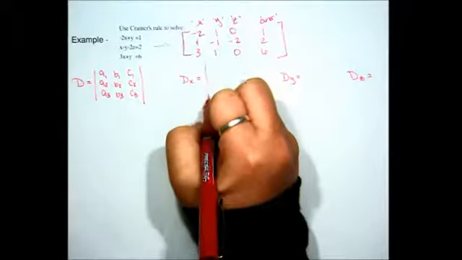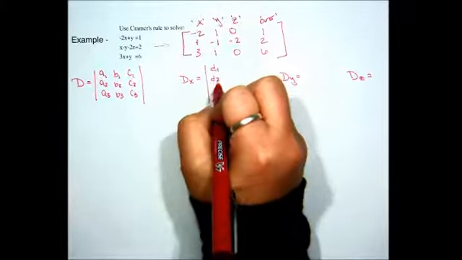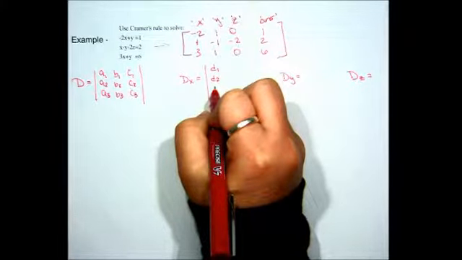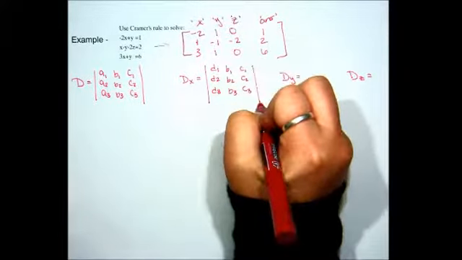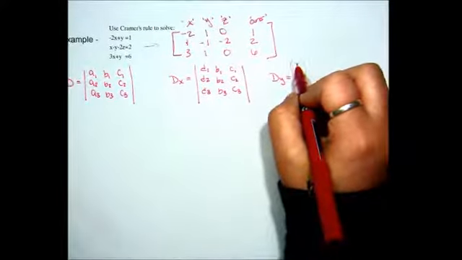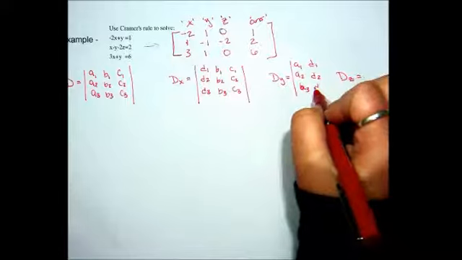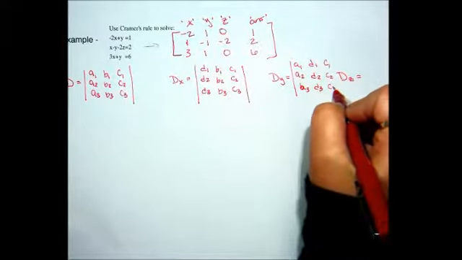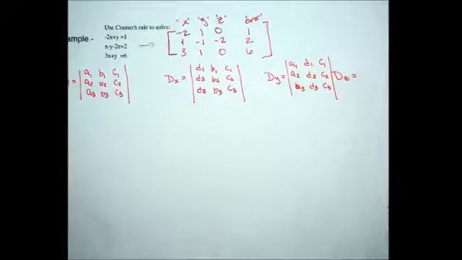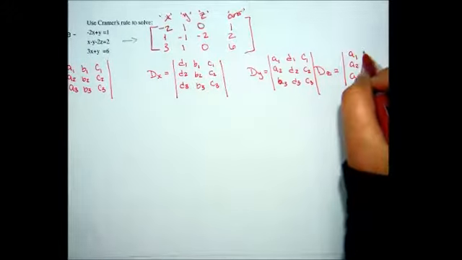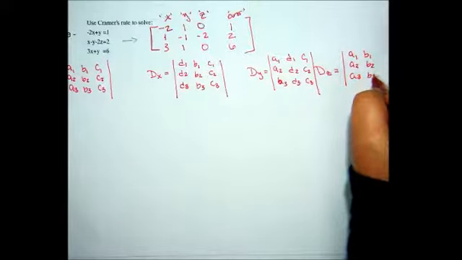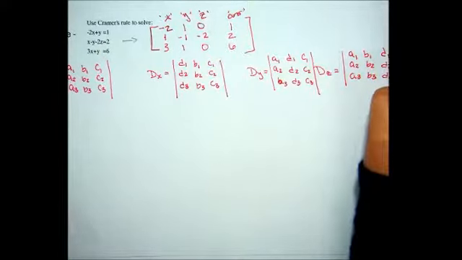Dx is the determinant of D1, D2, D3, B1, B2, B3, C1, C2, C3. Dy is the determinant of A1, A2, A3, D1, D2, D3, and C1, C2, C3. And lastly, Dz is A1, A2, A3, B1, B2, B3, D1, D2, D3.